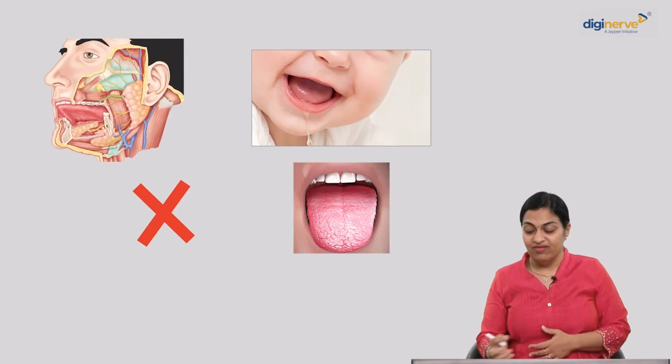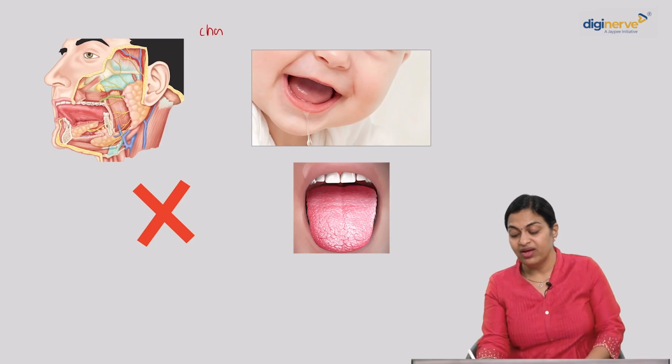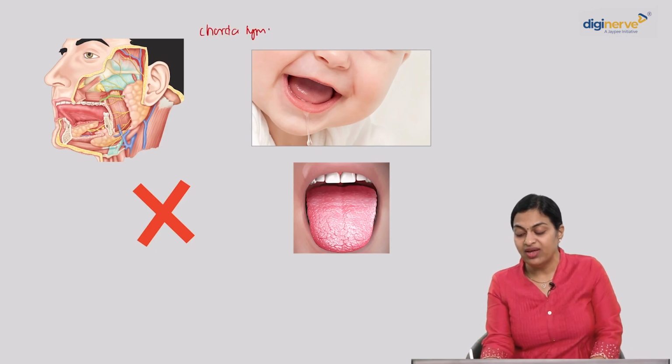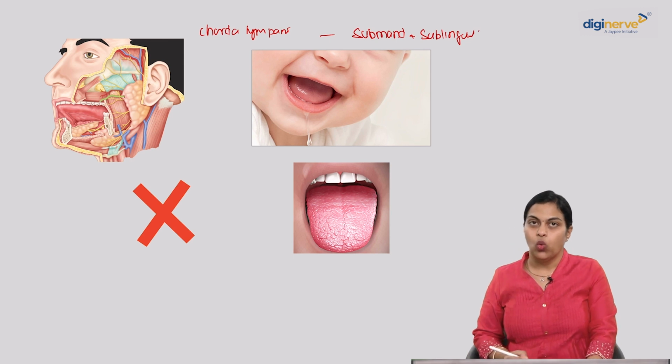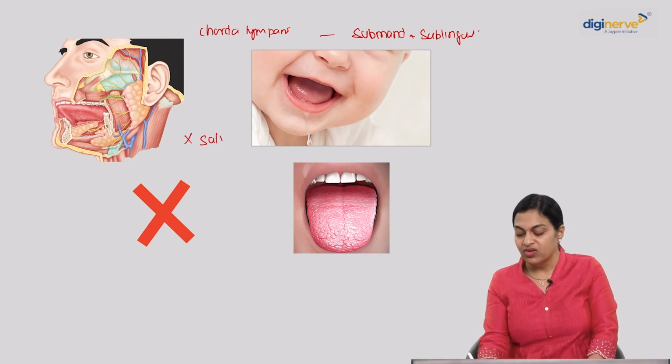Right? We saw that the chorda tympani also carries the preganglionic secretomotor fibers for the submandibular and sublingual salivary glands, isn't it? So, injury to that, again, no saliva, so that leads to a dry tongue, isn't it?